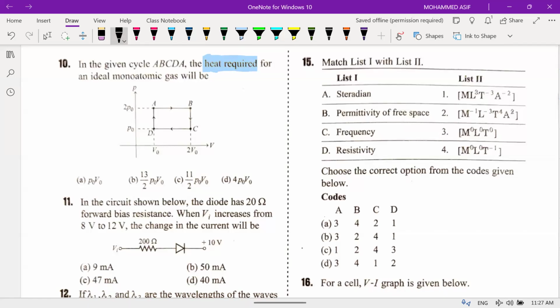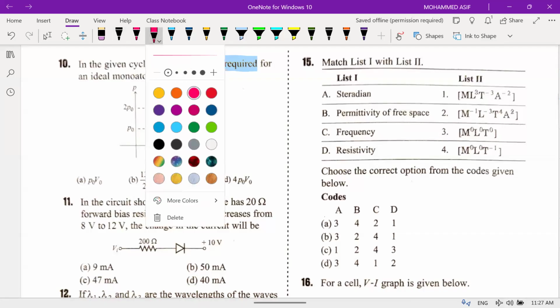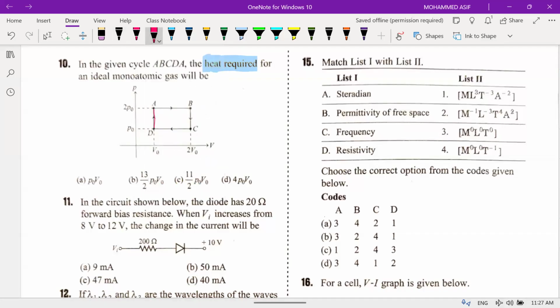See, in the process from D to A and A to B, where pressure goes from P naught to 2P naught, heat is supplied.